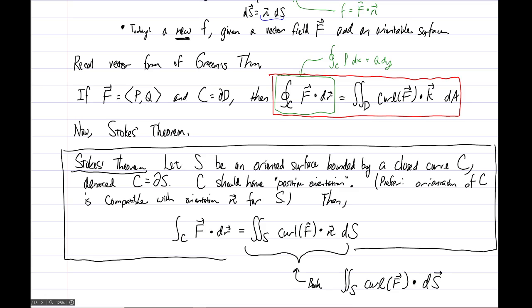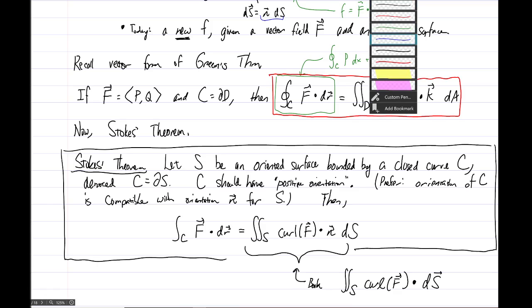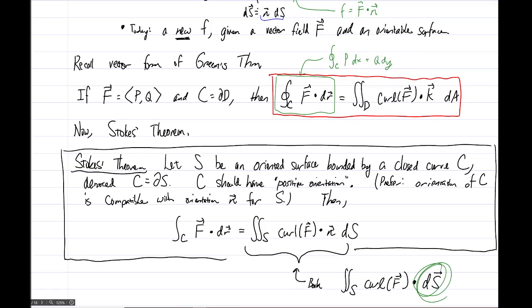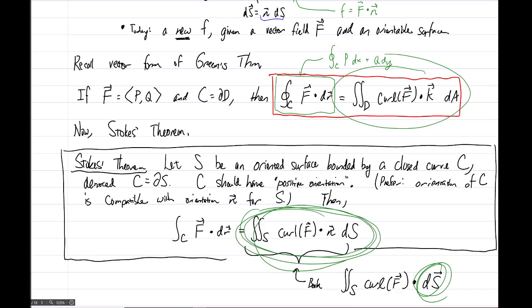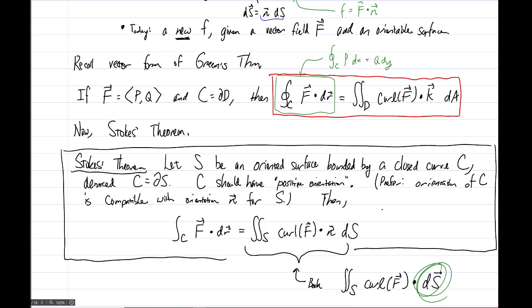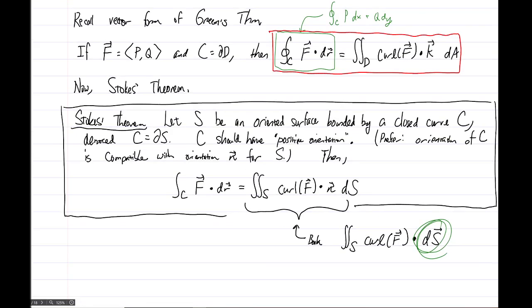If all you do is replace the dS that appears right here with what we have up there, it works out all the same anyway. I just think this version is a little more memorable because it looks more like this, and to be fair, this version is much closer to how the implementation eventually goes. So this is the fifth and final new type of integral we do for surfaces.